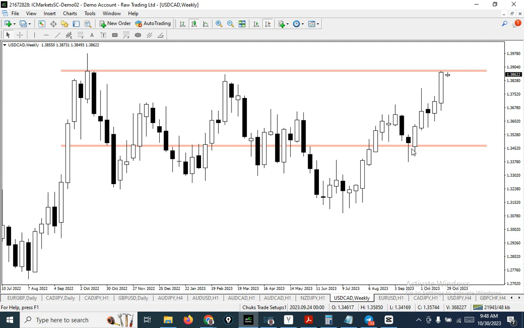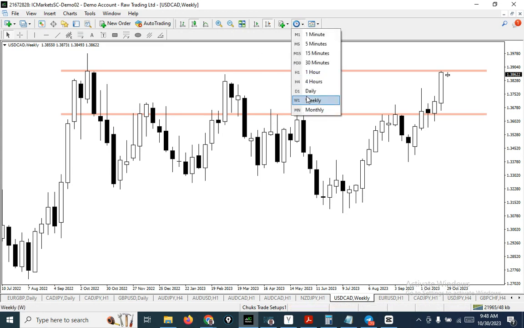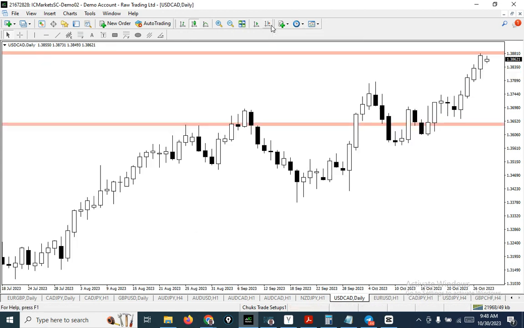It may not be okay. Let's see what we can do to fine tune what is happening here. I think this level is a better structure level. Fine. So let's drop down to the daily time frame to see what the market is doing.